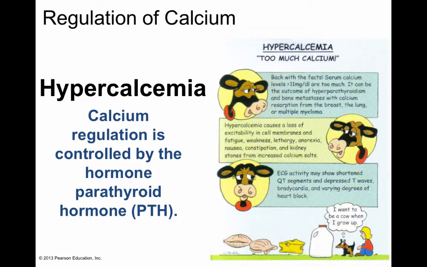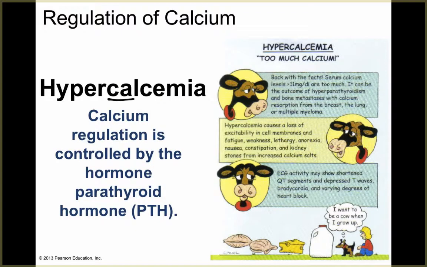So hypercalcemia, you can see again hyper, and if you look, it has the Ca there, right? So this is essentially high calcium levels in the blood. And this can be bad because high calcium levels in the blood can essentially inhibit muscle contractions.